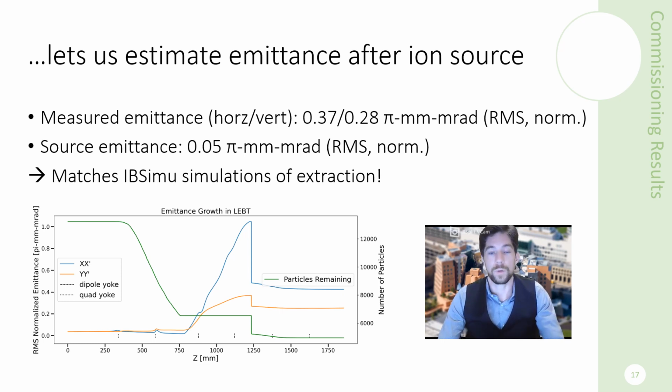If we backtrace those through our simulations with Warp, we see that the source emittance is about 0.05 pi mm mrad. This corresponds quite well to the IBCMU simulations of our ion beam extraction, and also to what we would expect from a multicusp ion source, because it has a fairly quiescent plasma, and if the power supplies are stable, then the beam does not come with a lot of energy spread or a large emittance.